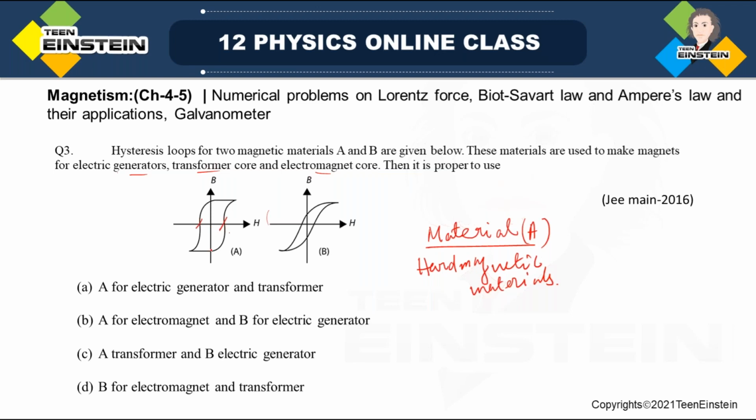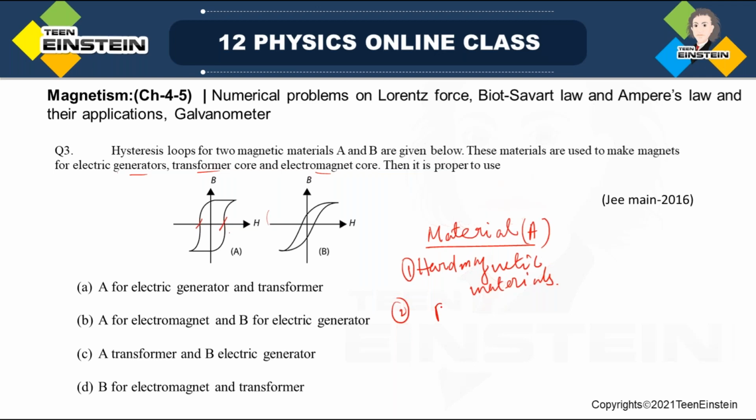Second point: once this kind of material becomes a magnet, to demagnetize it you need to provide a very large field. So it can be used as a permanent magnet.